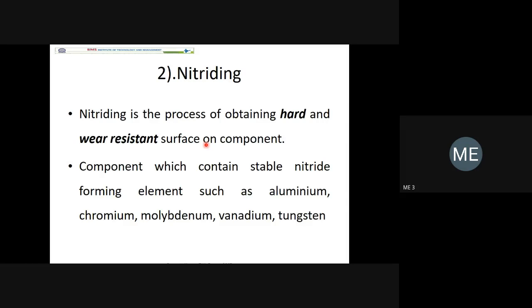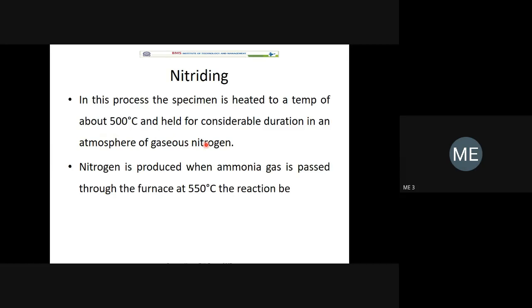So again, to get nascent or isolated N atoms, there are some chemical reactions. Those reactions and reactants you have to remember. In the case of nitriding, the nitrogen atoms are diffused into the steel surface. In the case of carburizing, the carbon atoms are diffused into the surface of the steel. Then it is referred to as carburizing, or it may be a nitriding operation.